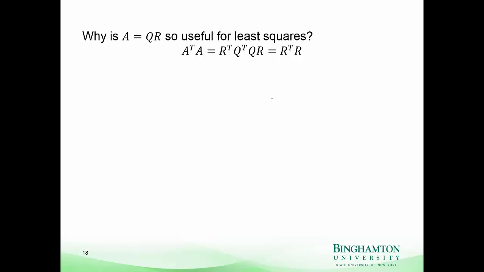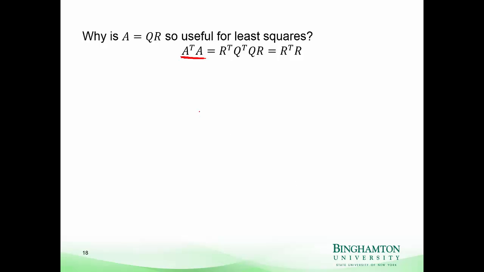So let's just finish this set of notes off by looking at why this QR would be useful in least squares. That's how we started things off in this set of notes. So let's look at our A transpose A, which we know plays a fundamental role in least squares.